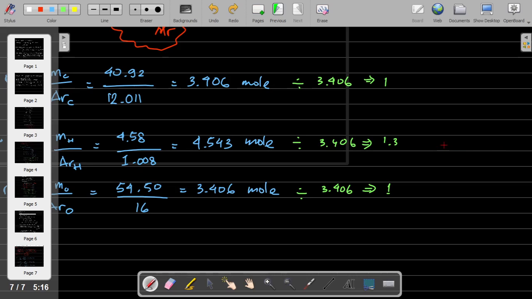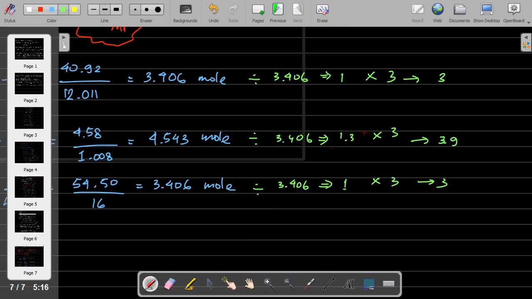So let's multiply these values by 3. So this will be 3, and this will be 3.9, and this will be 3. This number can be changed into 4, because it is close to 4. So 3, 4, and 3.